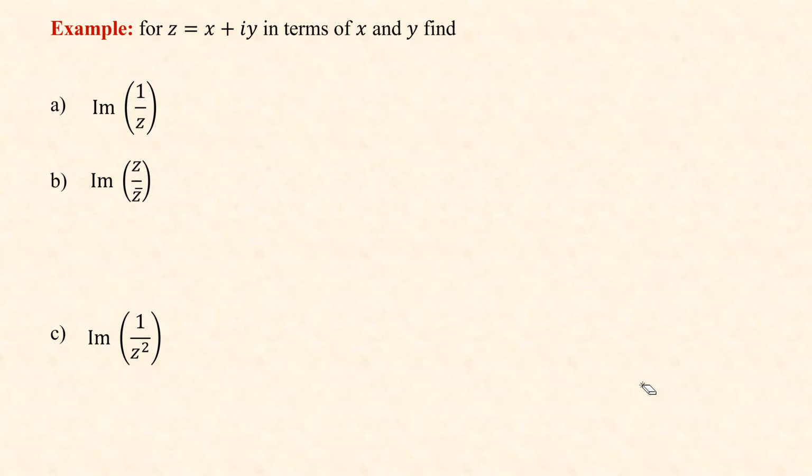Here we want to show, for z equal to x plus iy, in terms of x and y, find the imaginary part of 1 over z. For example, what is the imaginary part of 1 over z? So 1 over z is 1 over x plus iy. You can multiply by x minus iy, and the denominator becomes x squared plus y squared, and the numerator is x minus iy.